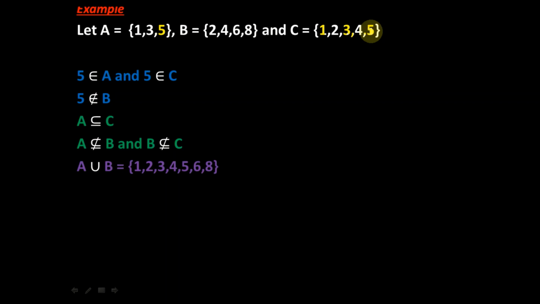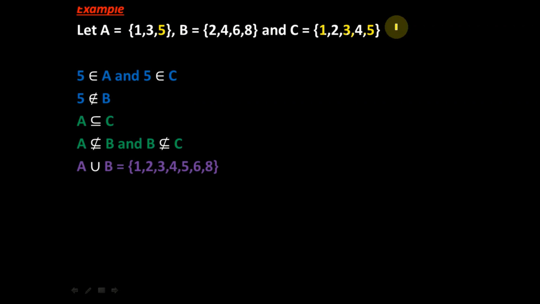Okay, so now let's head on to the N, which is the intersection. We are going to take A and C as our example. What is our main aim? Our main aim is to write down all those numbers that appear in both A and C. Those are the intersection.